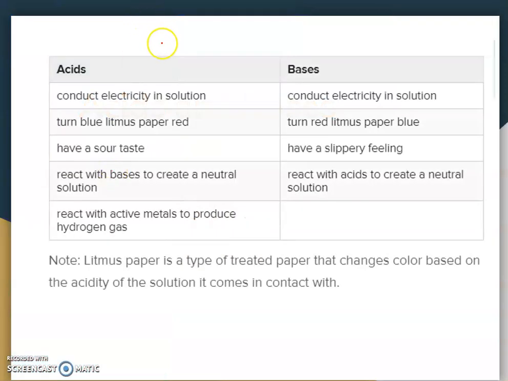Okay, so let's start with just some basic characteristics, and you're probably familiar with these. So acids and bases, they both form ions in solution, so they can conduct electricity. Acids turn litmus paper red, bases turn litmus paper blue. Acids have a sour taste, so something like vinegar is going to be sour tasting because vinegar is made up of acetic acid.